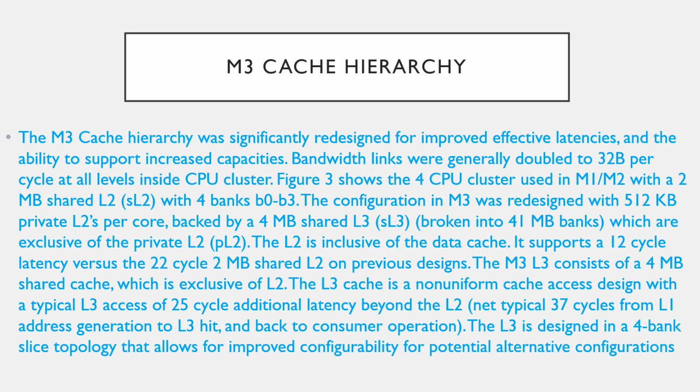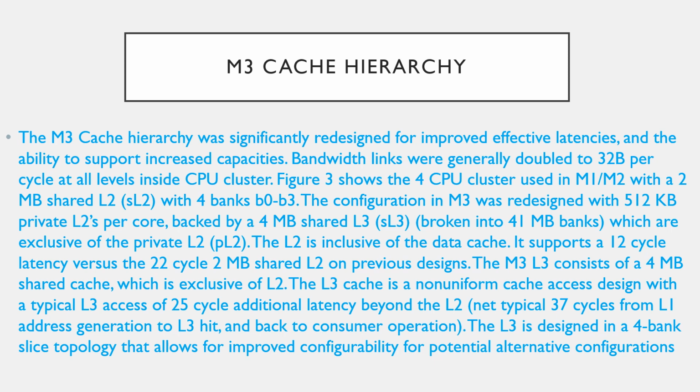The four CPU clusters used in M1 and M2 had a 2 MB shared L2 with a 4 bank design. The configuration in M3 was redesigned with a 512 KB private L2 per core backed by a 4 MB shared L3, which is exclusive of the private L2.